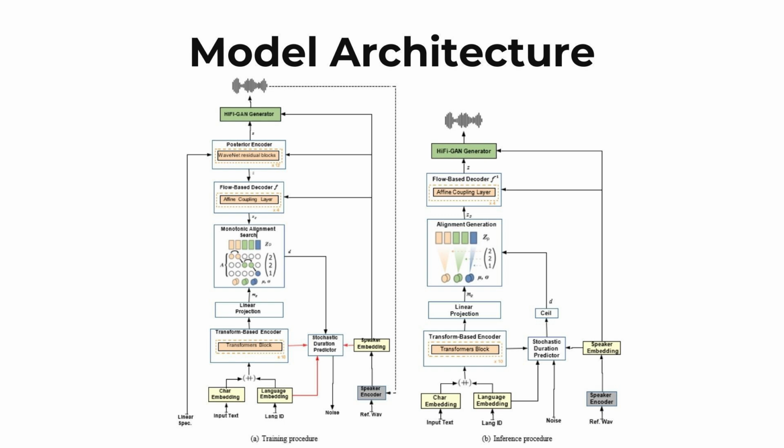So now at the monotonic alignment search, from one side we get the prior ZP, and from the other side we have NP. So we have an audio frame on one side and the text input on the other side. The main aim of the monotonic alignment search is to map the text words to the corresponding audio waveforms.